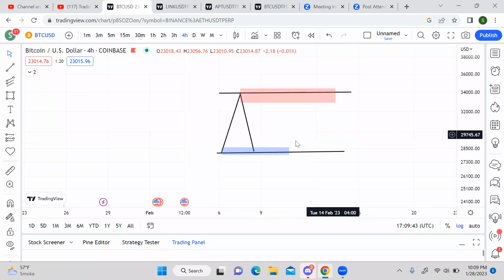Now how do they work? Price came here, and then price went down from this point. How will we find the order block here? You should find it like this: the candle before the drop, a green candle. Here we were looking for a red candle, here we will look for a green candle.